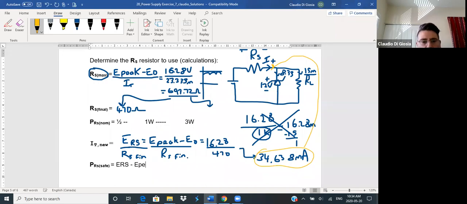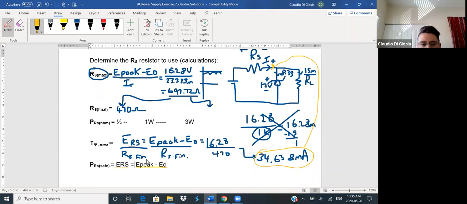It's E peak minus EO. Okay. And I'm going to morph this a little bit into a combined. Just going to underline it like this.